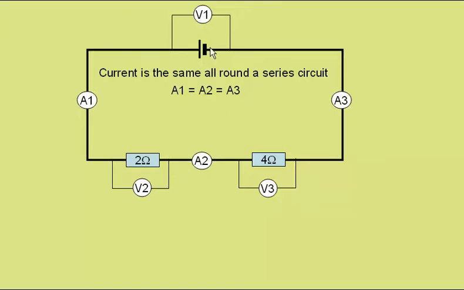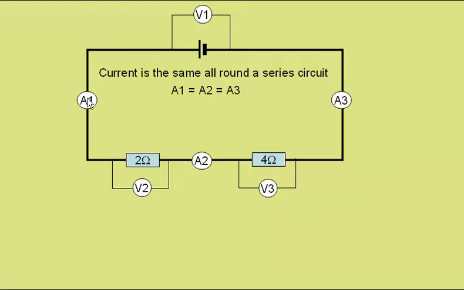The energy that the charge collects from the cell will be shared between the 2 ohm resistor and the 4 ohm resistor, and as the voltmeters record the energy transferred, the reading for voltmeter 1 will show the energy collected by the charge.